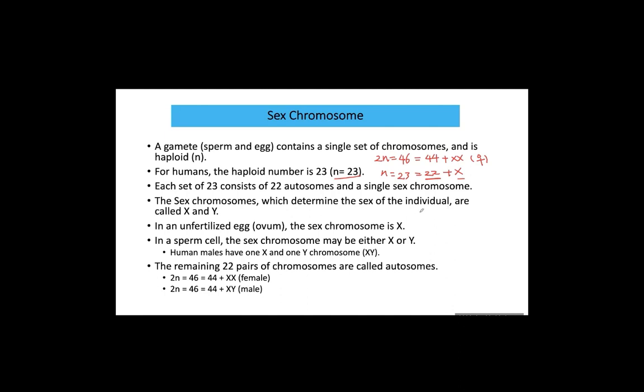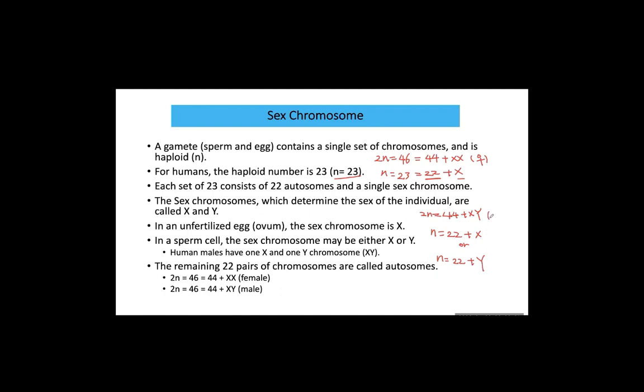In the case of a male, 2n equals 44 plus XY. So sperm can carry 22 chromosomes plus X, or some sperm can carry 22 plus Y, right?